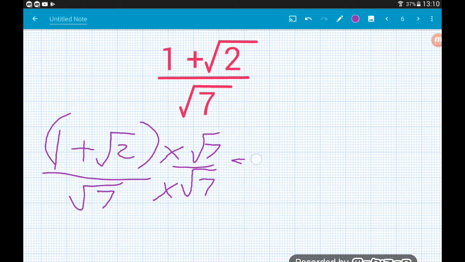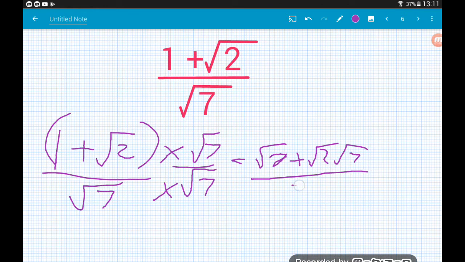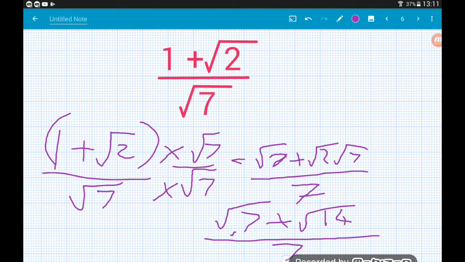So 1 times root 7 gives us root 7, and then root 2 root 7 will give us root 2 root 7. On the bottom, root 7 times root 7 gives us 7. If we simplify the top a little bit, we end up with root 7 add root 14, all over 7.